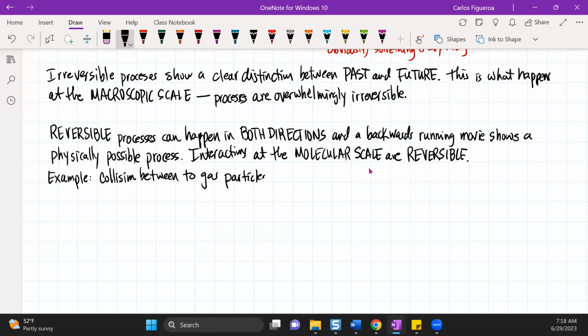So in this case, I'm going to have a frontwards running movie. And we could imagine that I have a red gas particle coming in, and then I have a green gas particle coming in.